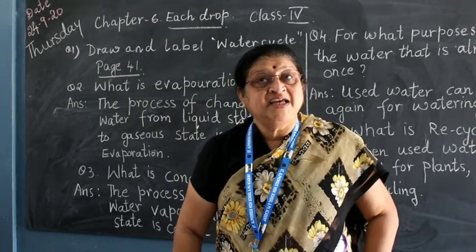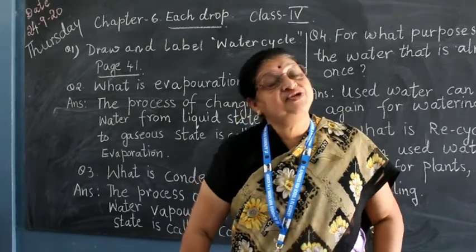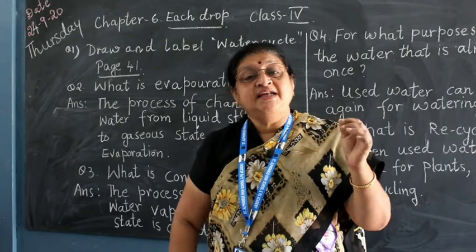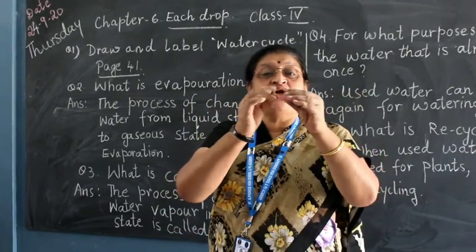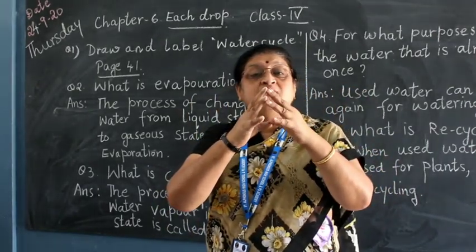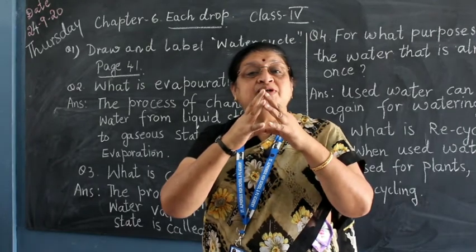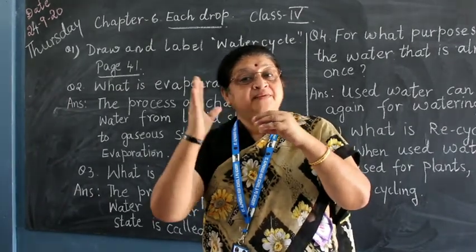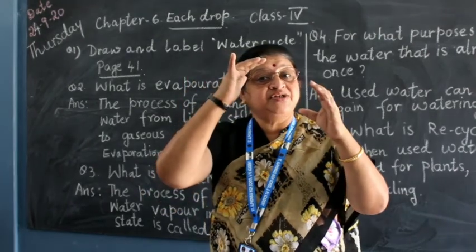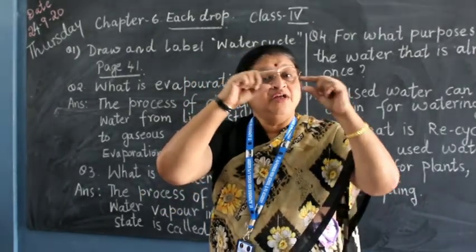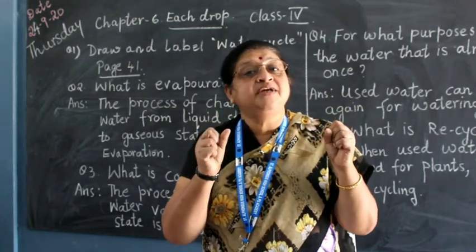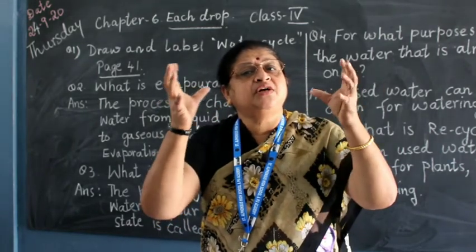That means in the air, as it is reaching up, there is cooling taking place, and these droplets join and form clouds. Condensation. Evaporation, then condensation, cooling of it, and the clouds are formed.